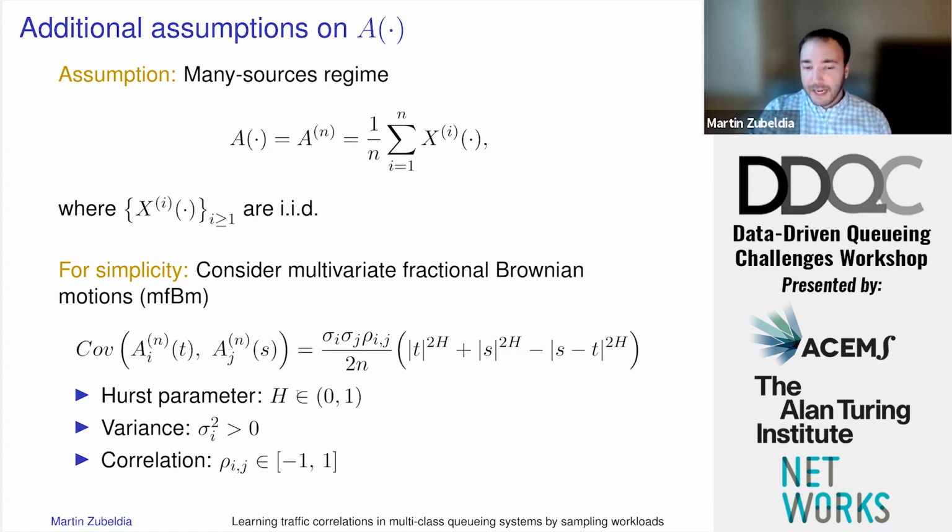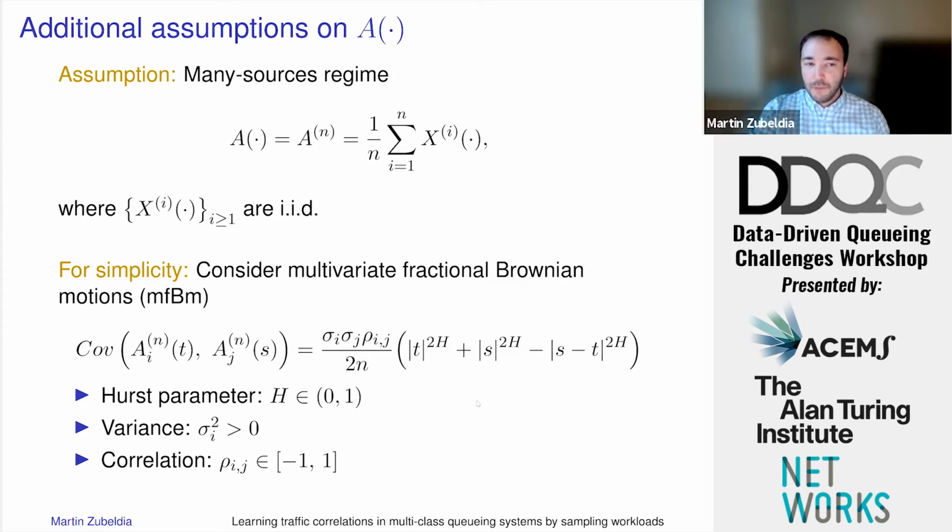If we take H equal to 1/2, we have the popular Brownian motion, so it's a particular case of these fractional Brownian motions. And if H is bigger than 1/2, we have what are called long-range dependent processes, which are processes that are essentially positively correlated in time.